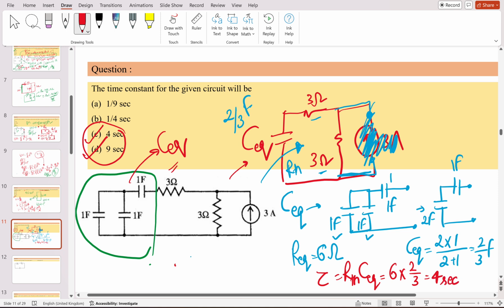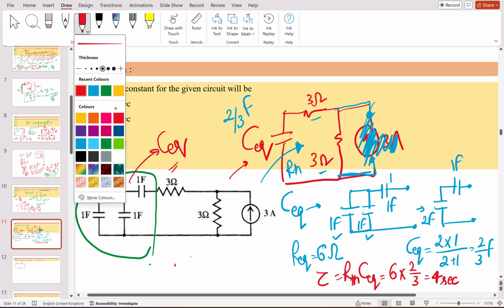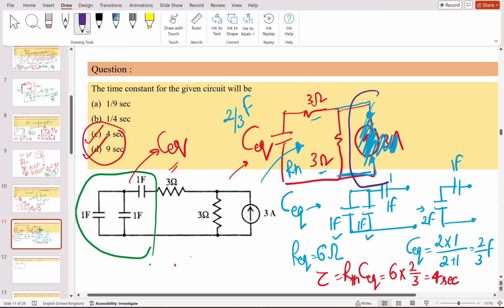Important point here is that when you are using capacitors or resistors, try to verify whether they are coming in series or in parallel. When you have removed this part here, it became simply like this.